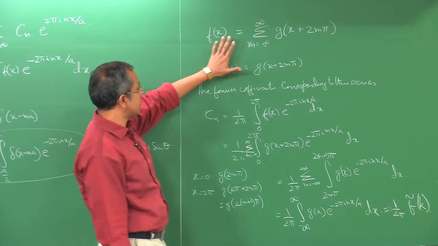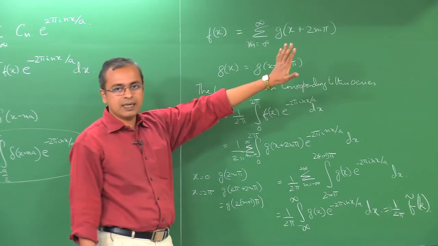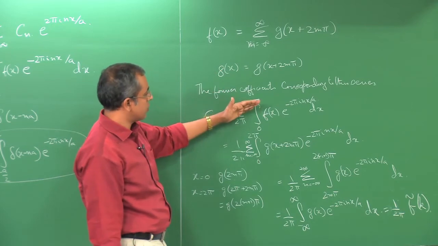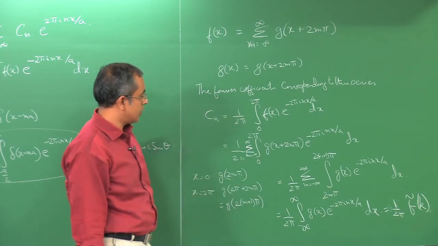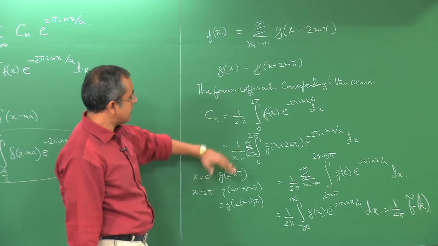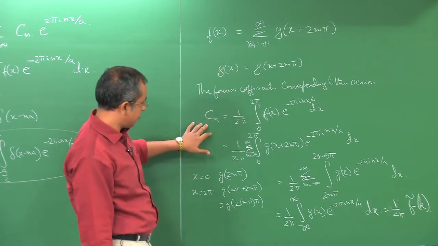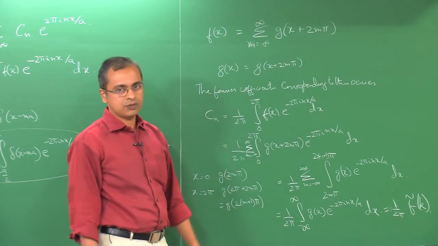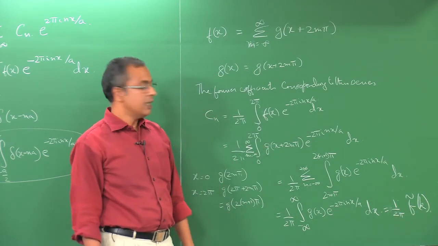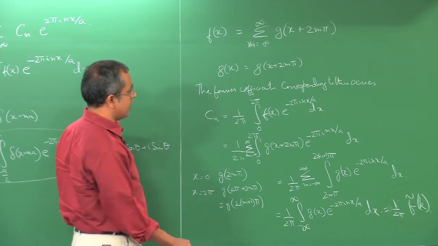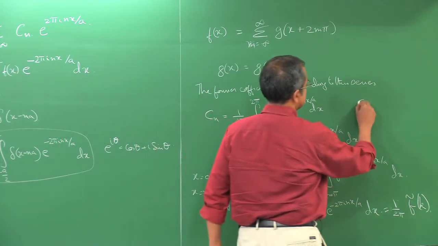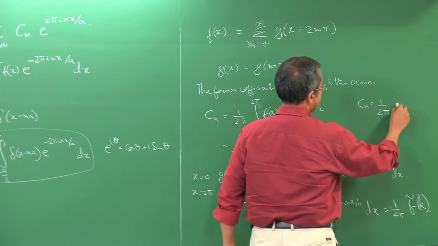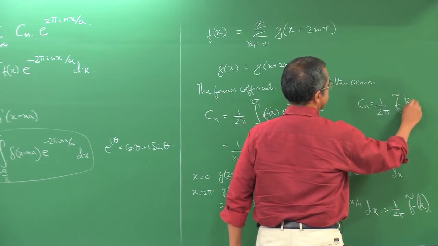In general you have a Fourier series, you have a function with a certain periodicity, and when you look at its Fourier coefficients, you find that those Fourier coefficients can be related to the Fourier transform like this. Okay. So, this C of n equals 1 over 2 pi f tilde k.